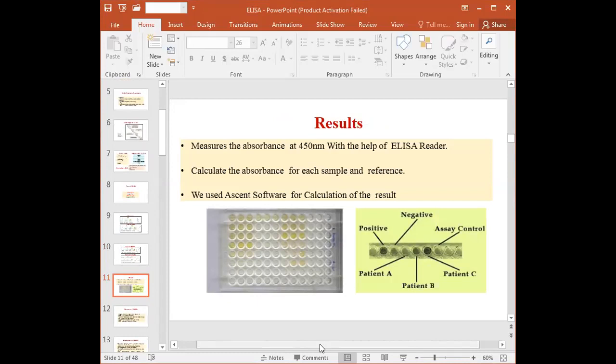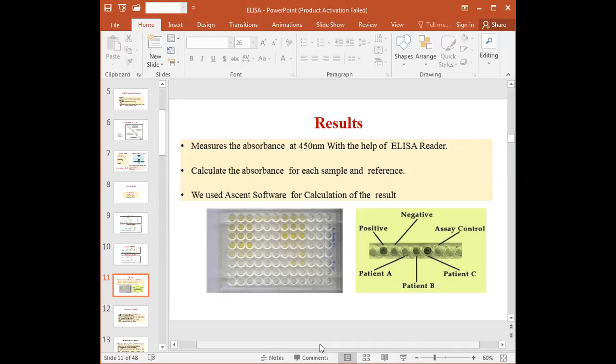But if you want to quantify, then you have to measure the color of the chromogen produced after interaction between the enzyme and the substrate. And here the wavelength you have to select is 450 nanometer.